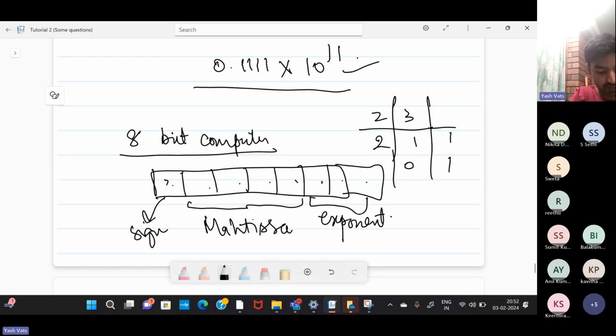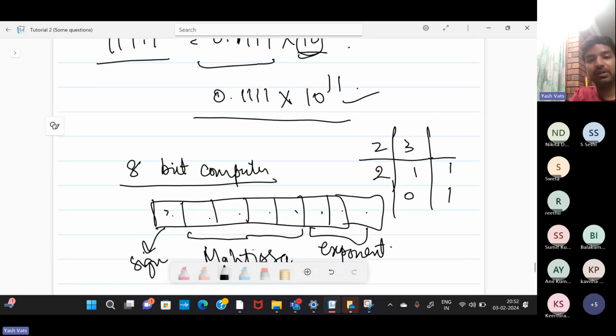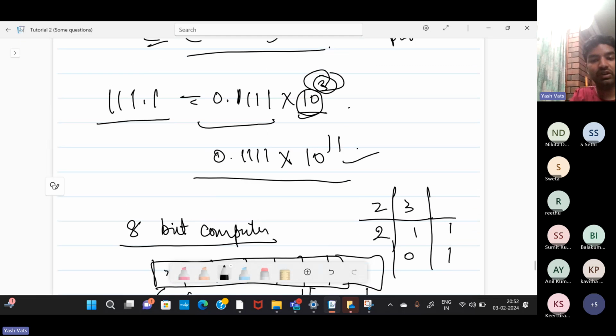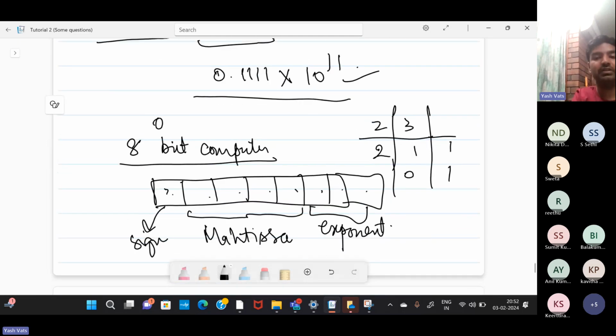So if I have a number like this one, 0.1111 into 10 to the power 11, how do I represent it? What is the exponent? It is 0, 1, 1, right? So just write 0, 1, 1. The number is positive, so just write 0.